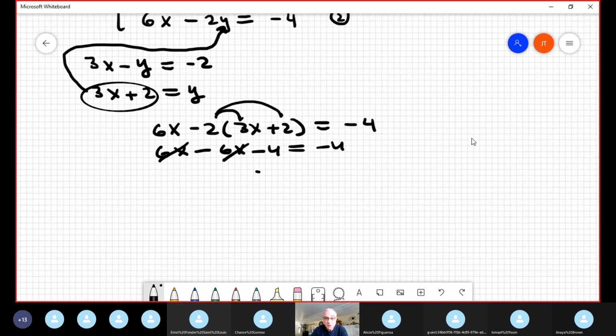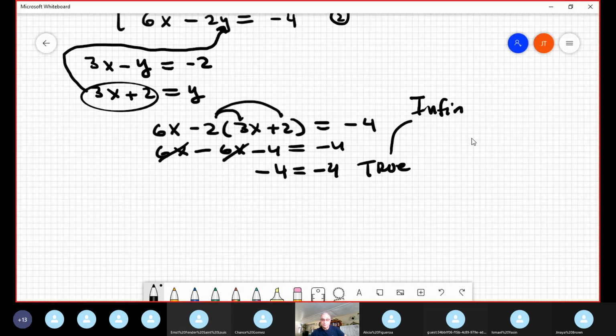But the difference now is that you get a true statement. Maybe 0 equals 0, minus 4 equals minus 4, 100 equals 100, a true statement. So the interpretation is we have infinitely many solutions, because the lines are totally coincident.